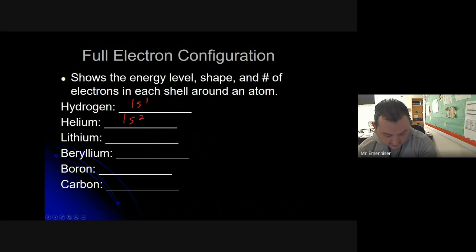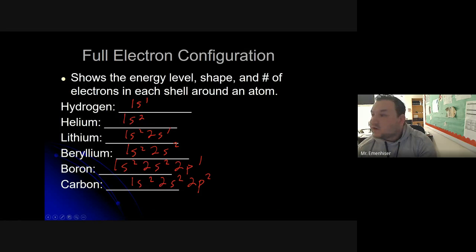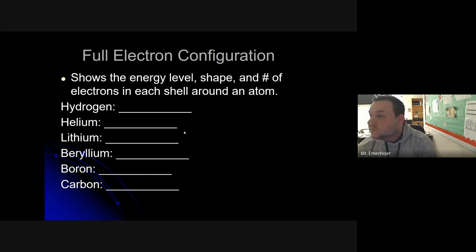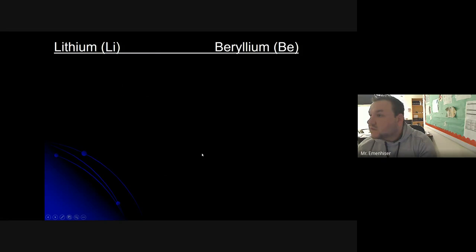Helium, 1s2. Lithium, 1s2, 2s1. Beryllium, 1s2, 2s2. Boron, 1s2, 2s2, 2p1. Carbon will be 1s2, 2s2, 2p2. All right, so there's the electron configuration for those guys. Beautiful. I'm not going to do these again.